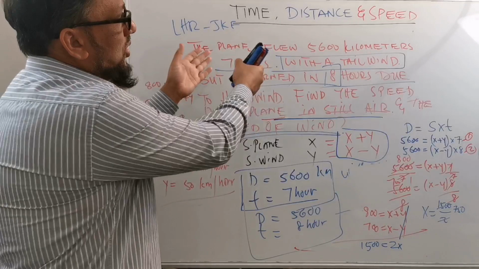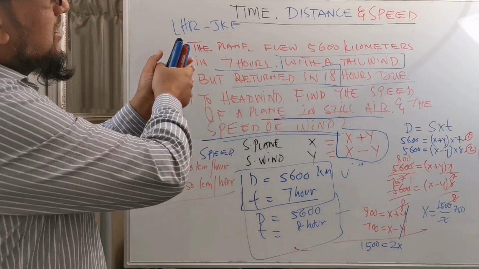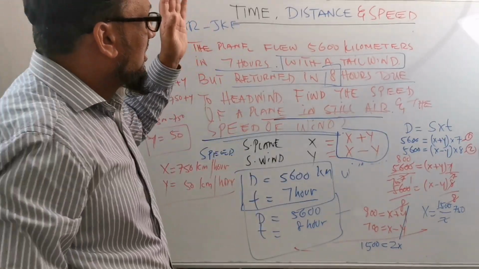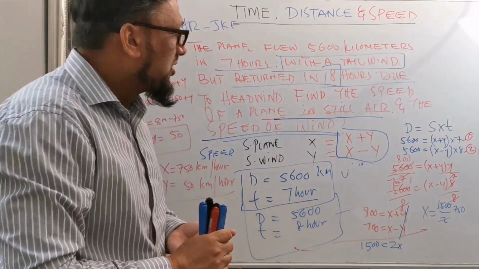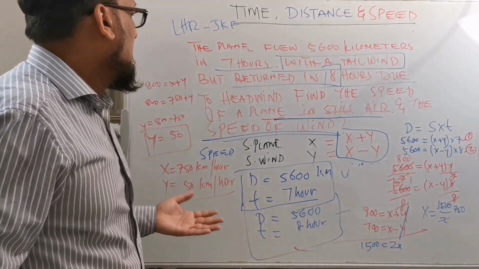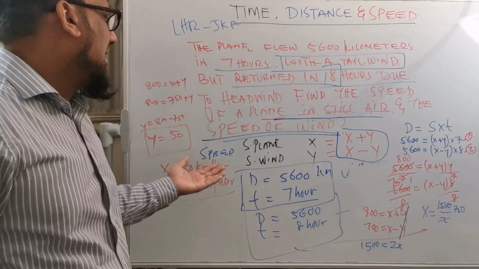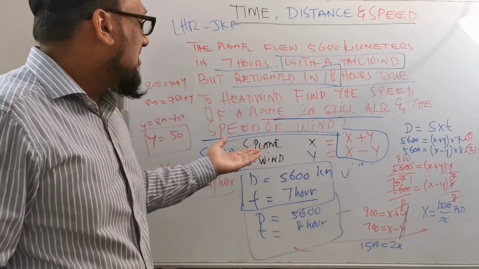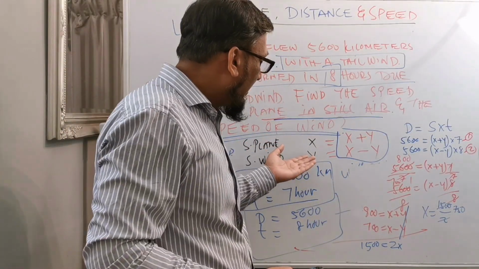Okay, first you read the question. And after reading the question, they're asking about two different values, which we don't know. So how do we work it out? First of all, we know that the speed of a plane, assume, is x, and the speed of a wind is y.